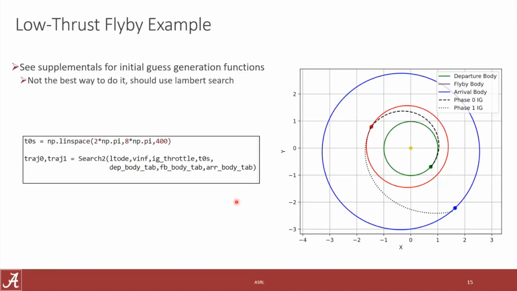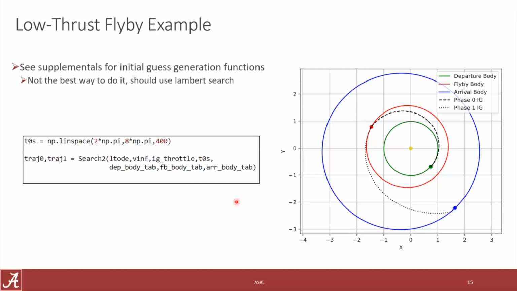Not having looked directly at that yet, which I will, does this ensure that the incoming and outgoing V infinity are the same for that flyby body? We will. Right now we haven't yet. The problem we're about to solve does this. Our initial guess is just trying to get us something roughly in the ballpark. That search is not the way you should do this, which is why it's not shown here.